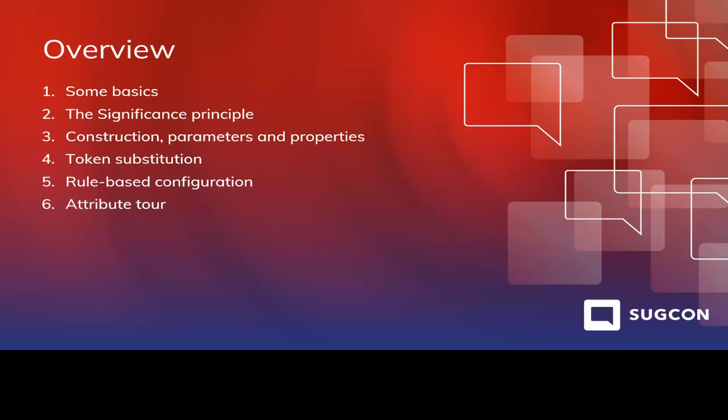Rule-based configuration, a really important feature that came in with Sitecore 9, so we didn't have to disable 25 Lucene files and enable 25 Solr files back when that was a thing. And then an attribute tour, and I have to talk really fast to make it all the way through the attribute tour, but Tomas is going to hold up the end slide, and when that goes up, I can jump to the most important slide so you won't miss anything important.